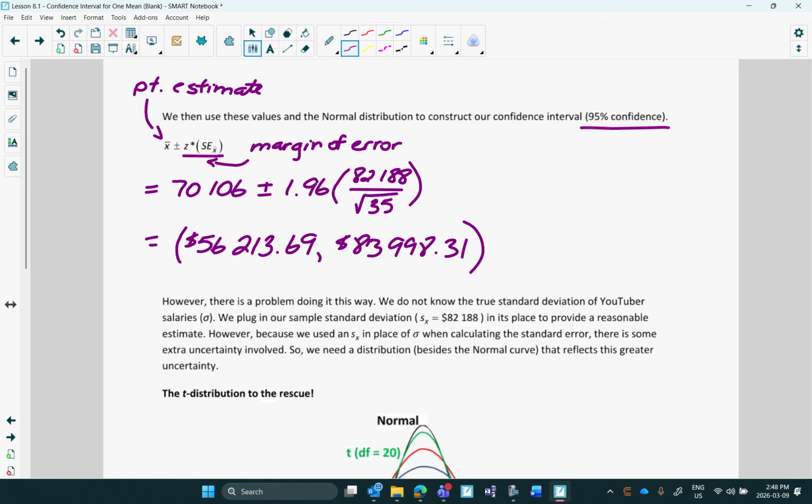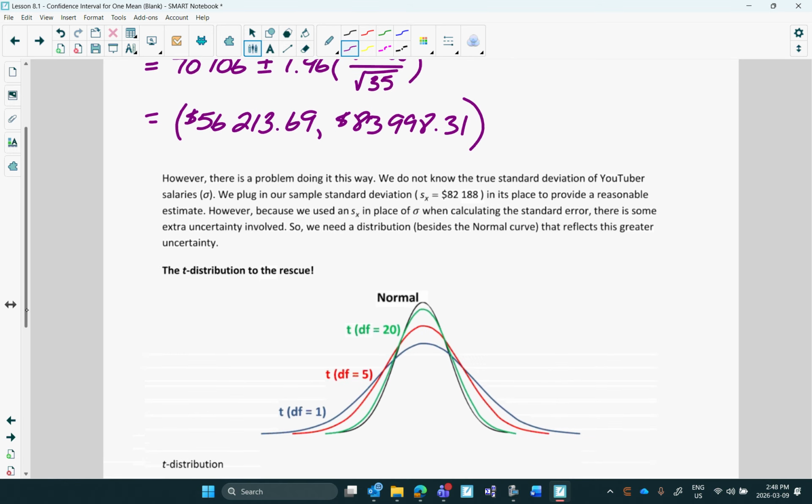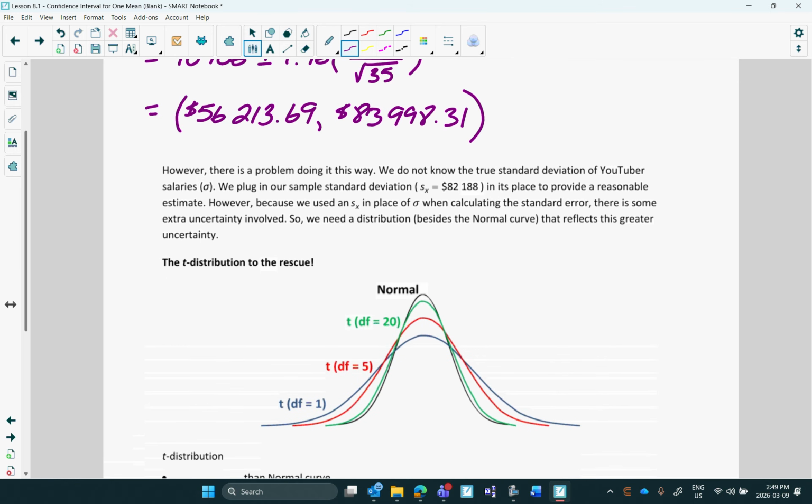That would make sense if we were approaching a confidence interval for a proportion. However, there is a problem doing it this way because we don't know the true standard deviation of YouTuber salaries.